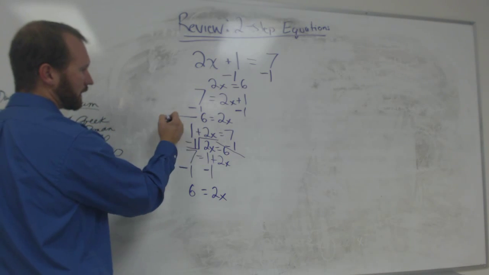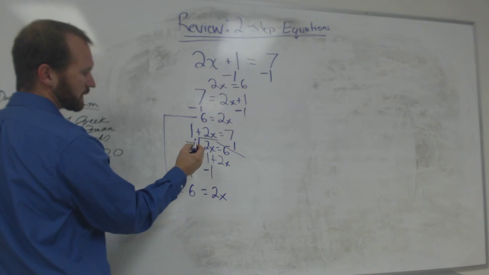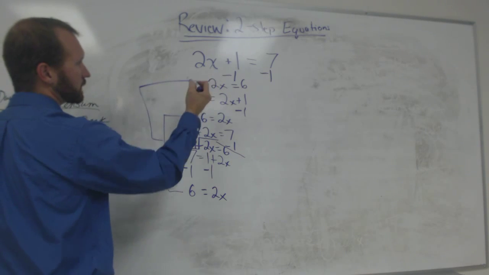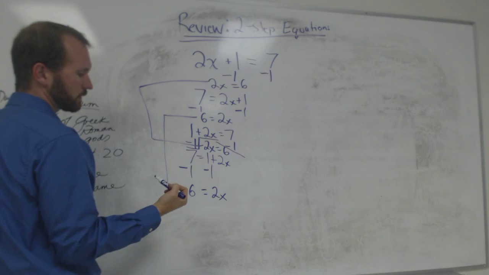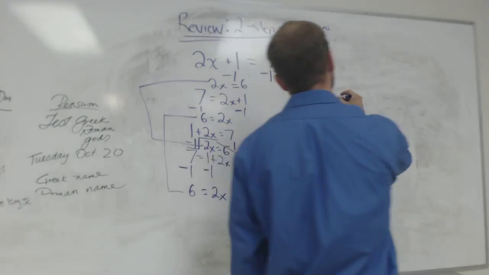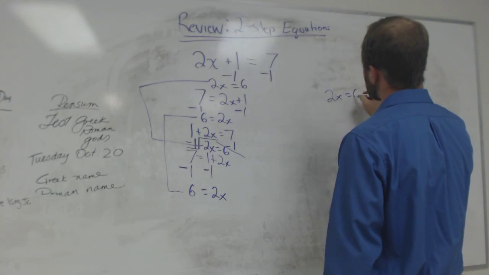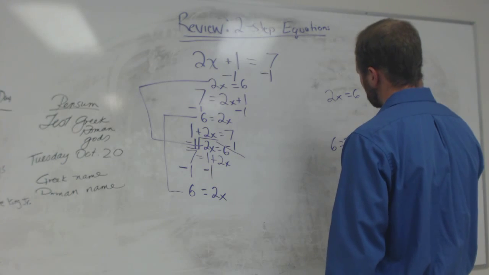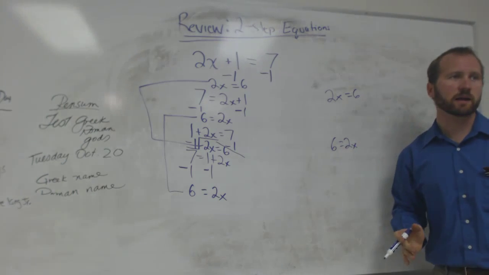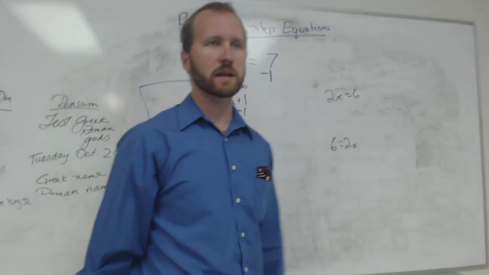So now I only really have two equations. These ones both say 6 equals 2x. These ones both say 2x equals 6. These are the same thing, and I would solve these two in the same way from here.